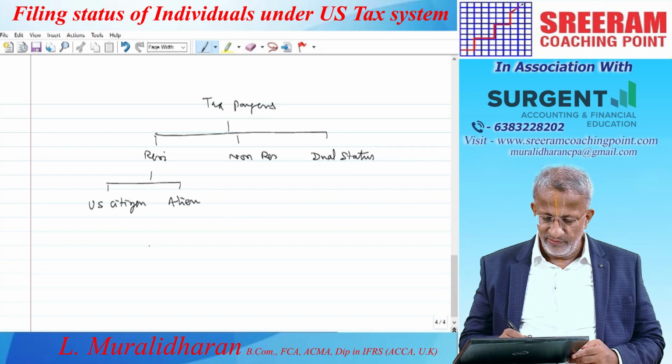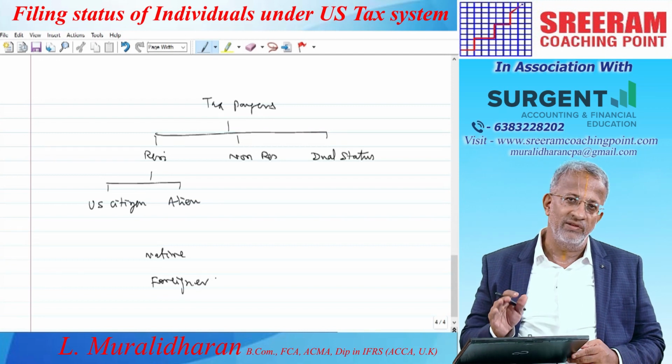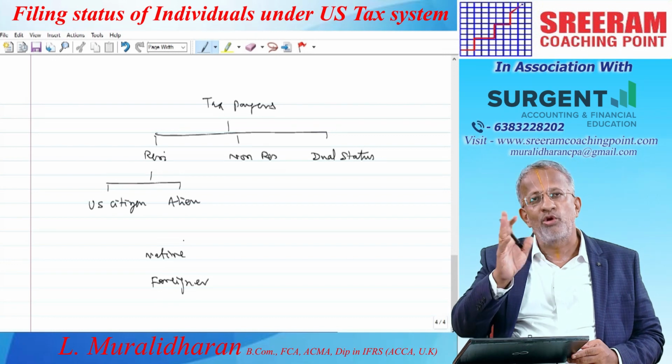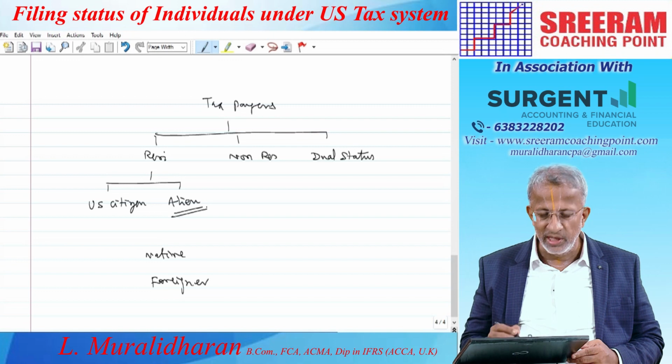In India, we call them native Indian and the other one foreigner. Foreigner is a term that we normally use, whereas in the American system, they do not call them foreigner. Instead, they use the term alien.